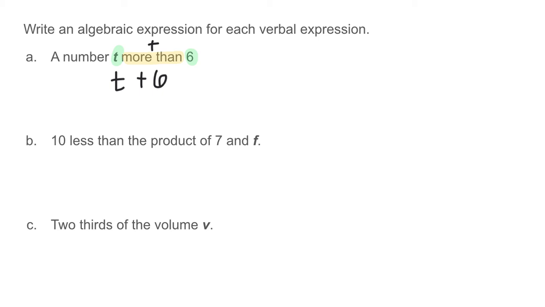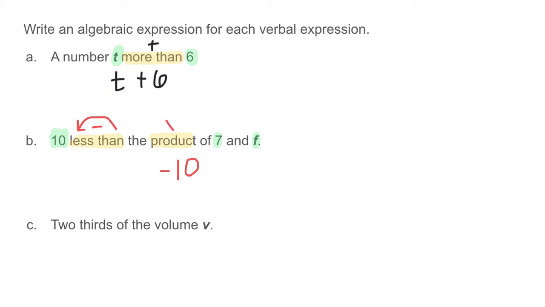Take a look at the next one. 10 less than the product of 7 and f. So I've got 10, 7, and f. And then I've got less than, and I have the word product. Now I know less than means to subtract. I also know less than is a turnaround word, which means I'm not subtracting at the beginning, I'm going to subtract at the end.